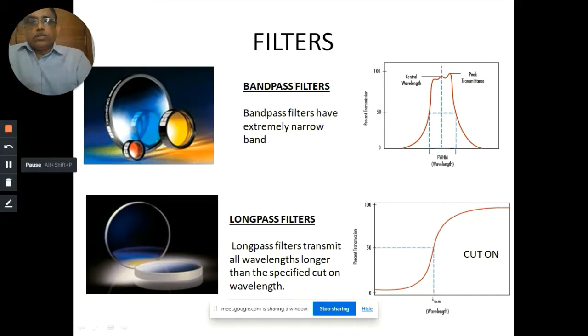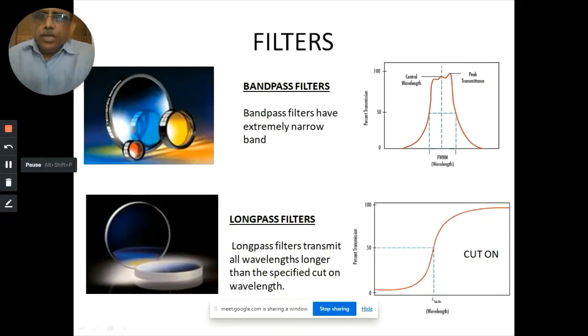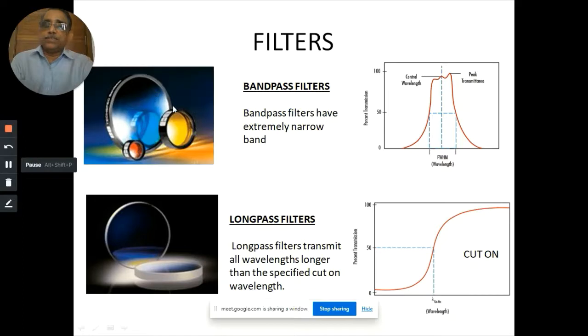Now these filters, if you look at it, we already discussed the bandpass filters. Looking at this left side picture, you can have these bandpass filters based on their absorption characteristics. They can be circular, rectangular or square geometry, and different dimensions are available.